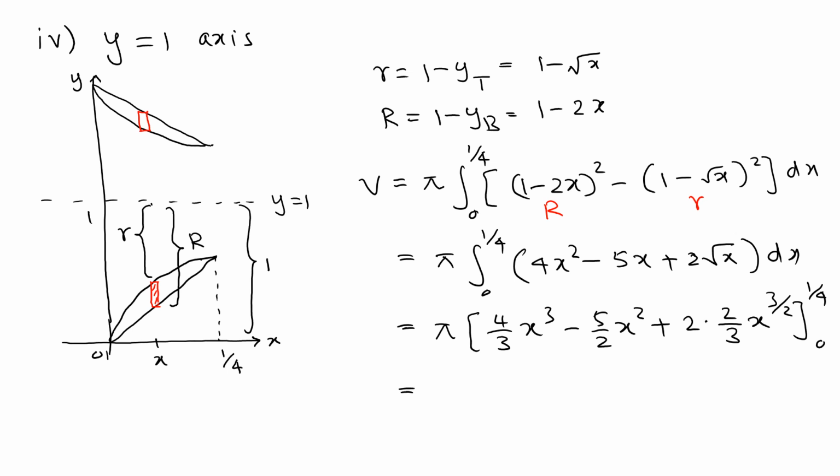Once you do that, you should get 17/32 pi as the answer, which is in cubic units, because it's a volume problem. Okay, so this is how you solve those problems using both the washer and the cylinders method. So let's look at another problem now.